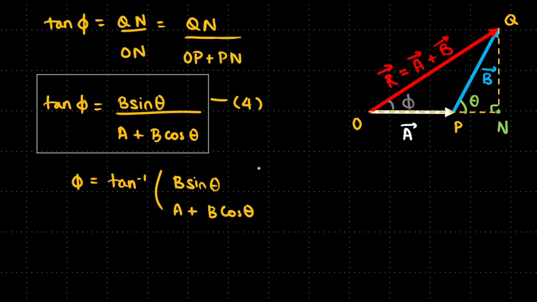Since this formula is not that simple or easy to remember, you can remember it like this. Sine theta by cos theta is just going to be tan theta. So you can remember this part like that, and the angle which you are making it with: since we are making the angle with A, A is going to be over here and B is going to be over here.